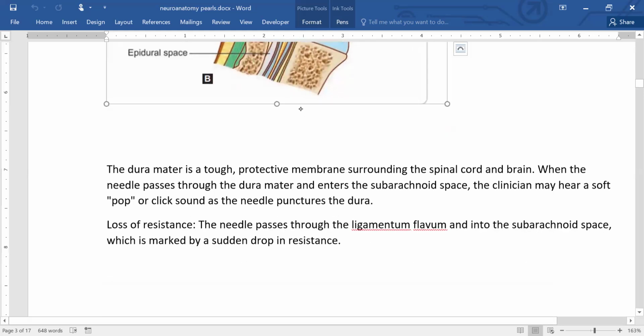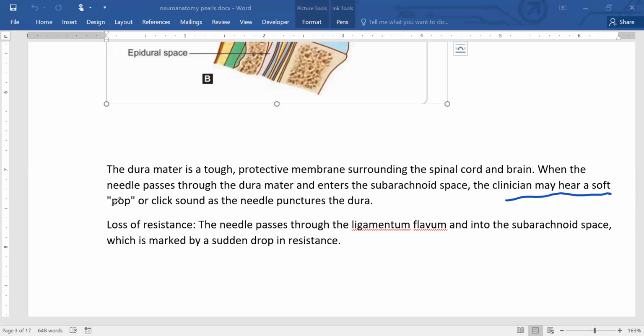Now, when you pass the needle, how do you know that you have entered the dura mater? This is a very important point. The dura mater is a tough protective membrane surrounding the spinal cord and brain. When the needle passes through the dura mater and enters the subarachnoid space, the clinician may hear a soft pop or a click sound as the needle punctures the dura, and you feel a resistance.